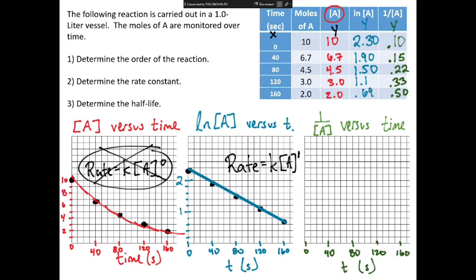And then on this column, I'm counting every 2 squares up as 0.1 on this axis, I mean.